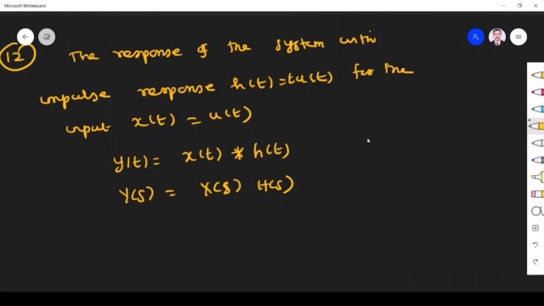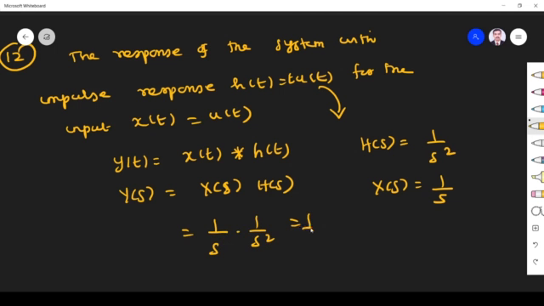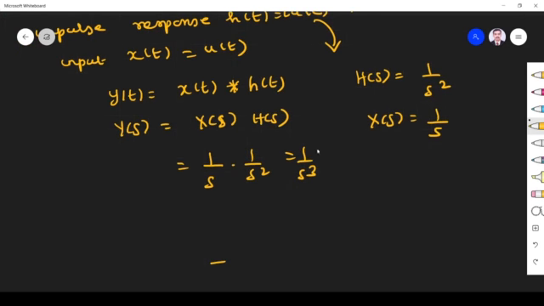So what is the Laplace transform of h of t? The Laplace transform of t into u of t is 1 by s square. Laplace transform of x of t is 1 by s. Now it is very simple. So 1 by s into 1 by s square is equal to 1 by s cube. So if Y of s is equal to 1 by s cube, what is y of t?